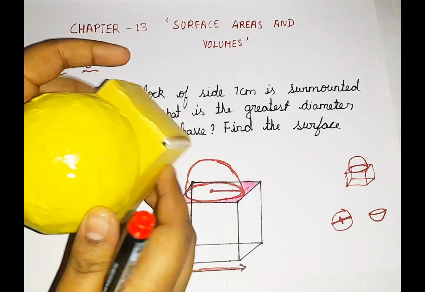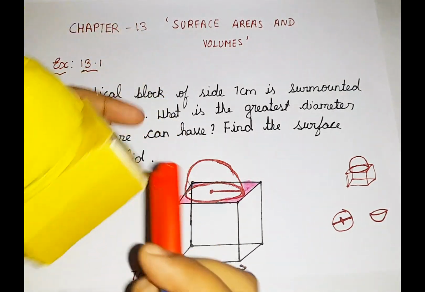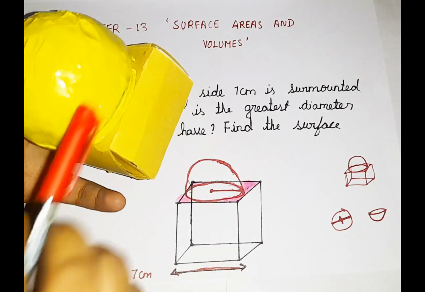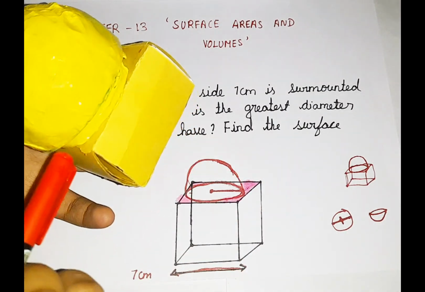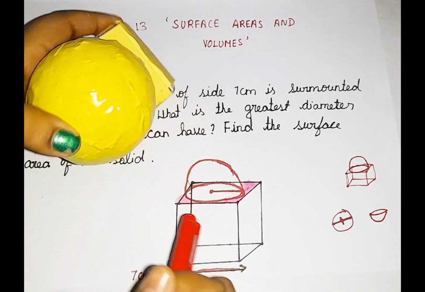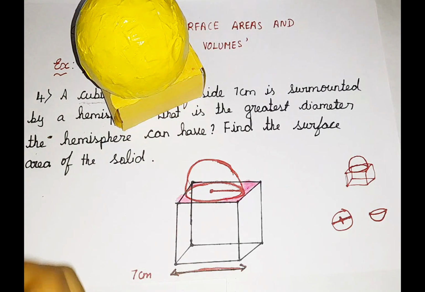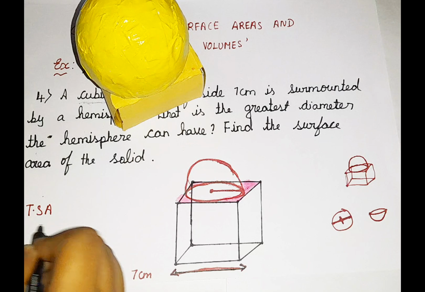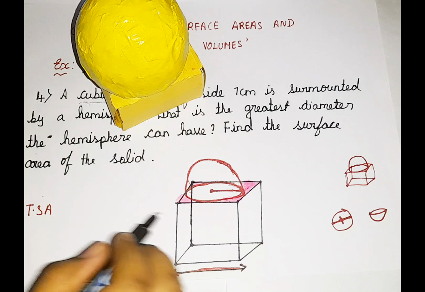I am able to paint here and all. The only thing is I am not able to paint the part of the cube which is under this hemisphere. So what I will do is, I'll write TSA. I'm just writing in short here; afterwards I'll write it completely.